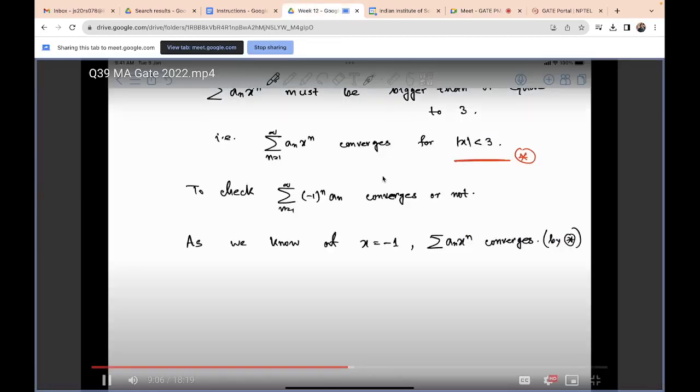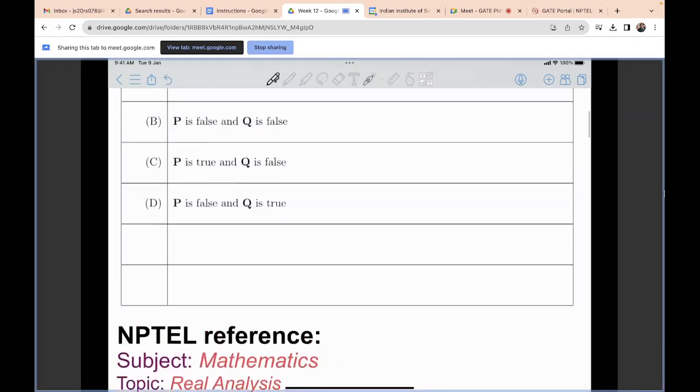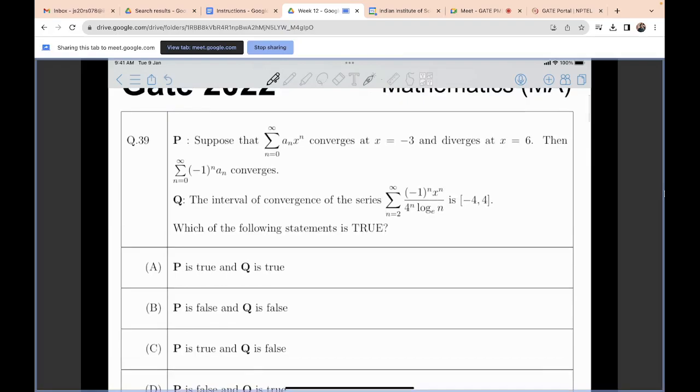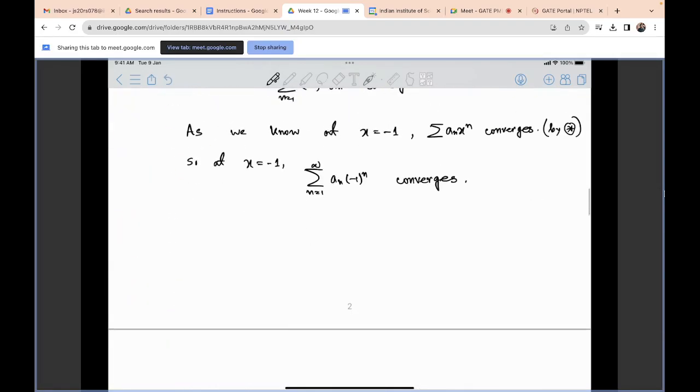So therefore you can take x to be -1. So at x equals to -1, an -1 to the power n converges. So this is what we have to find. So therefore this series, the first one, then this series will converge. So the first one is done.